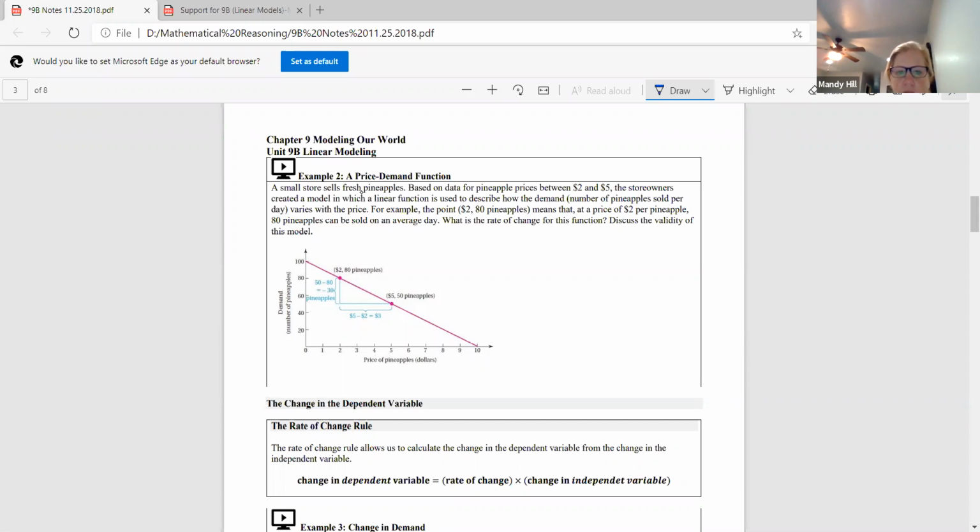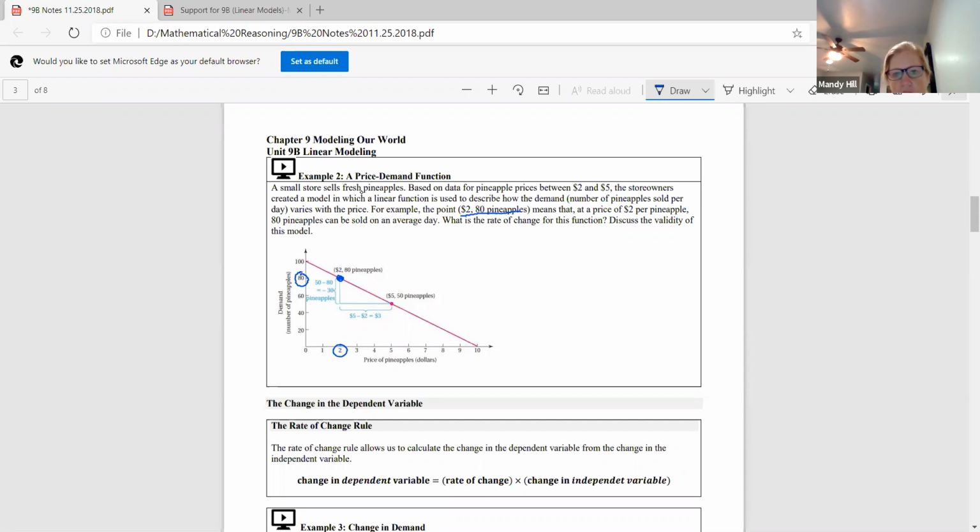So for example, the point (2, 80): if we go to our graph and look at the point where the pineapples are $2 and the demand is 80, it's this point right here. It means that at the price of $2 per pineapple, 80 pineapples can be sold on an average day.